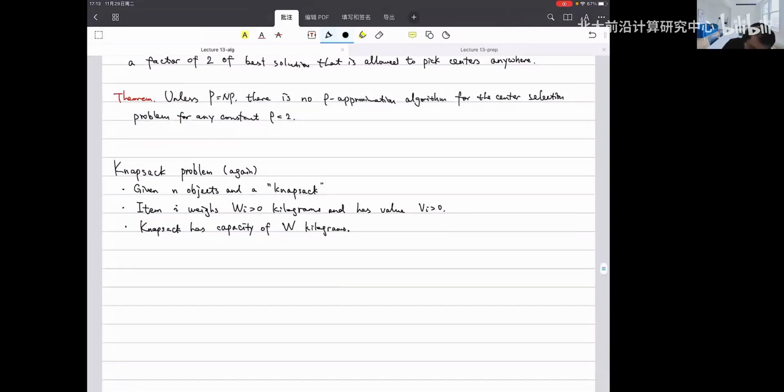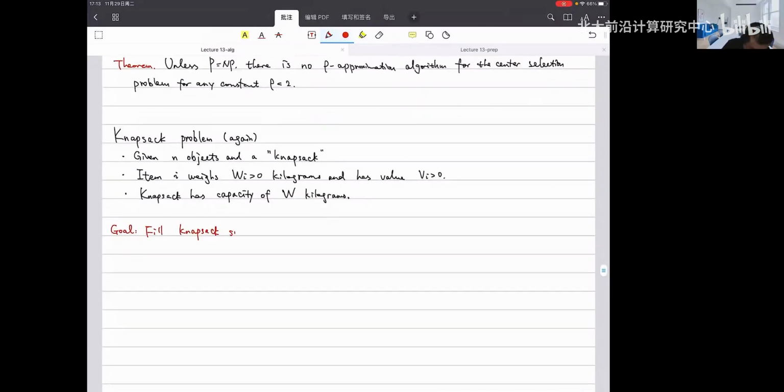Okay, so the goal here is that we want to have a full knapsack. We say full knapsack, there was a typo here, so as to maximize the total value.